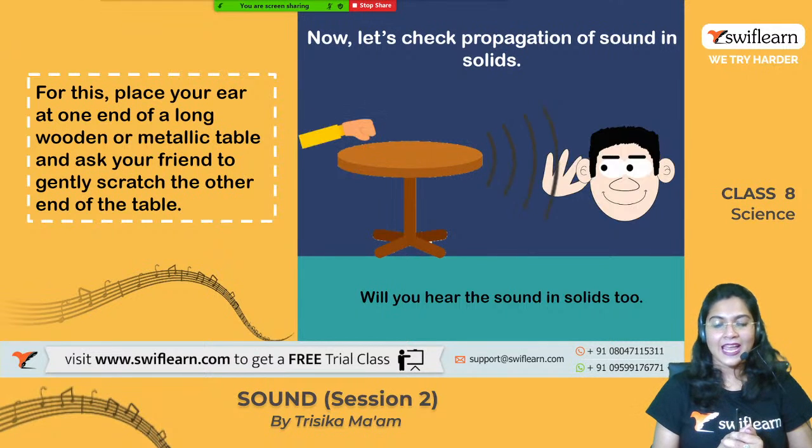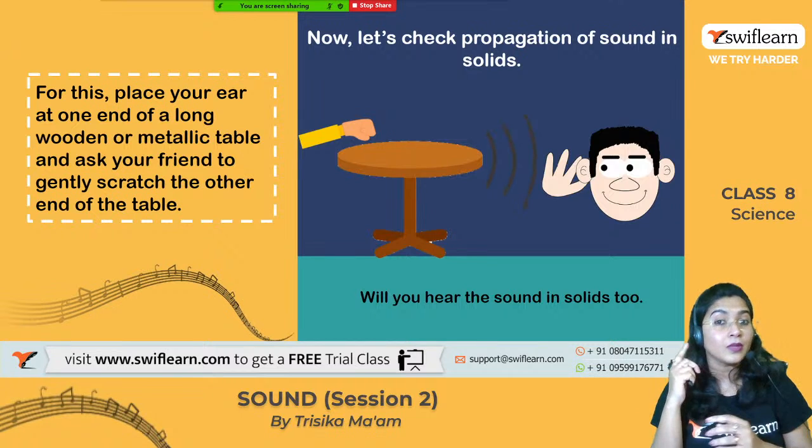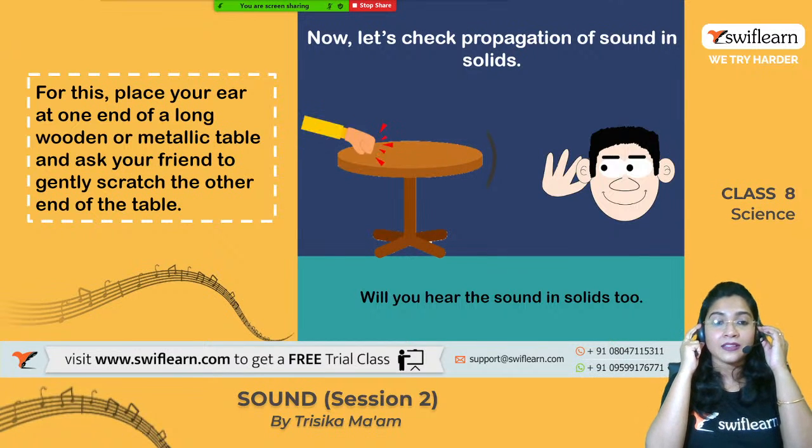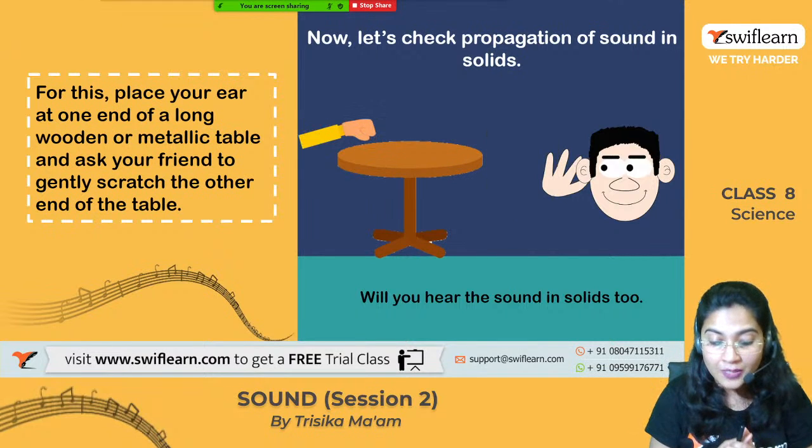Do that and let me know. Will you be able to hear the sound? If anybody is scratching at the other end of the table or banging with something and you are putting your ear at this end, will you be able to hear the sound? What do you think? Write it in the chat box.